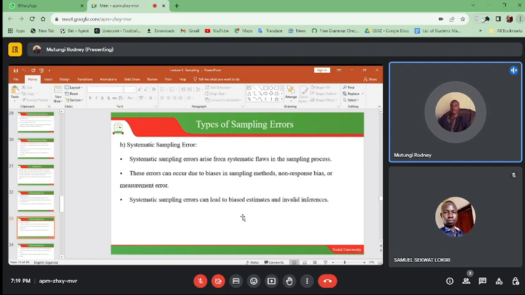So we said in systematic sampling, you generate your sample and then you determine the interval after which you are going to get another person. So you might have gone from number 2 to number 11 because there is that interval of 10. Now when you reach number 11, they do not want to respond. Some people will say, maybe let me now go to number 12, maybe they will respond.